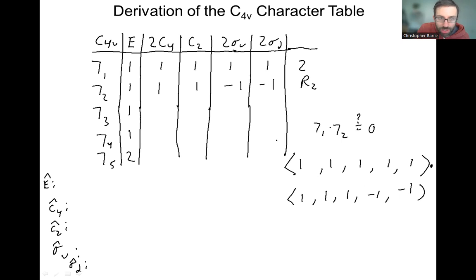So there's one identity. So we're going to times one of these vectors, doesn't matter which ones you do, by 1, going to times the next component of the vector by 2, because there's 2 C4s, and there's only one C2, so times by 1, and then there's 2 each of the mirror planes. So times by 2, times by 2.